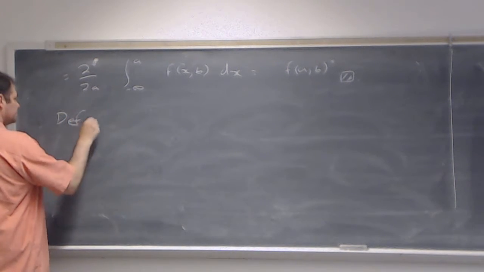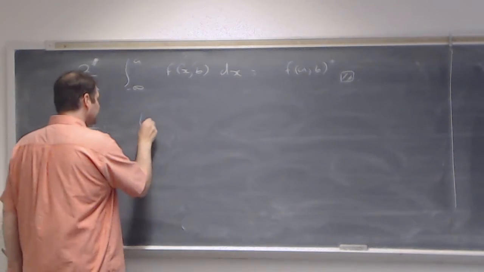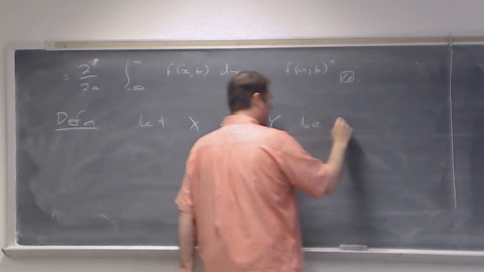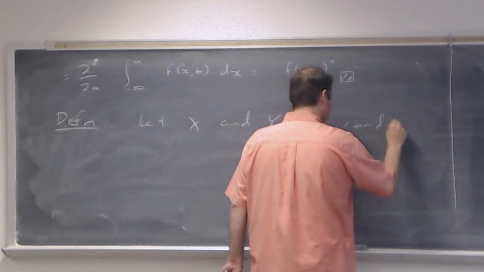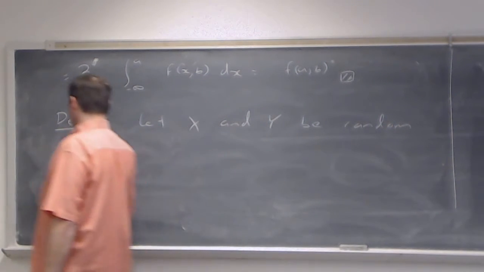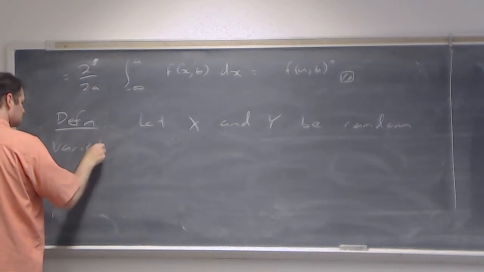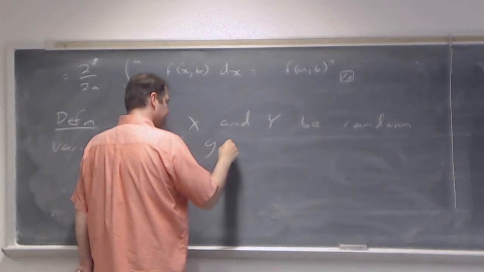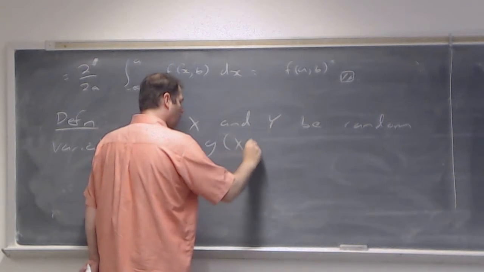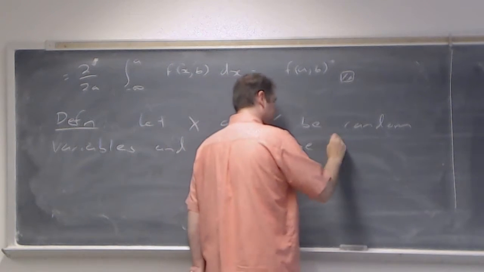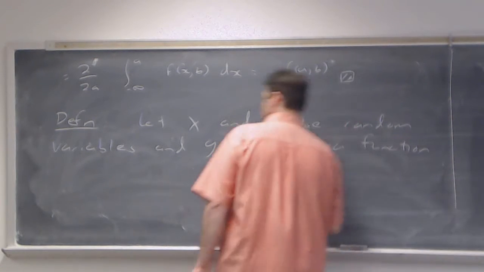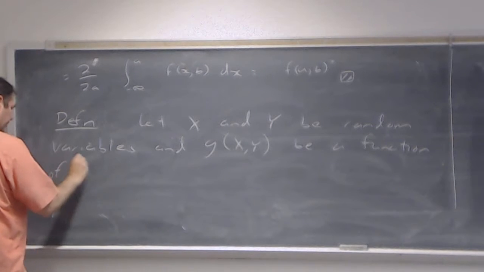So as a definition, let x and y be random variables, and g of x comma y be a function of x and y.